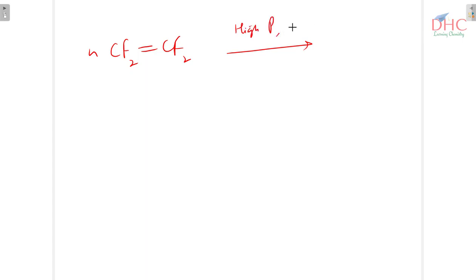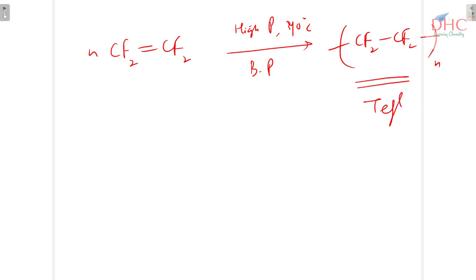So what is the reaction? CF2 double bond CF2, n times polymerization, with high pressure, around 40 degrees Celsius temperature, and benzoyl peroxide as catalyst. You get CF2 single bond CF2 in brackets with n outside. So this is called Teflon.